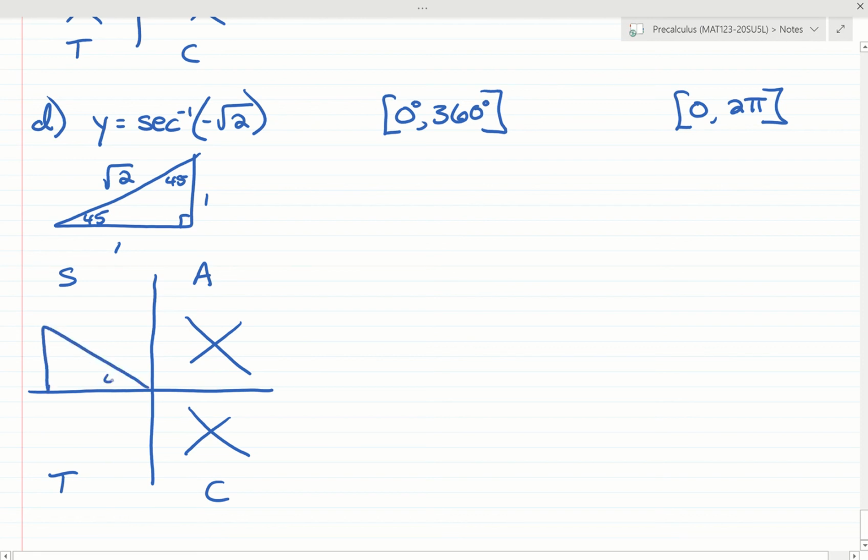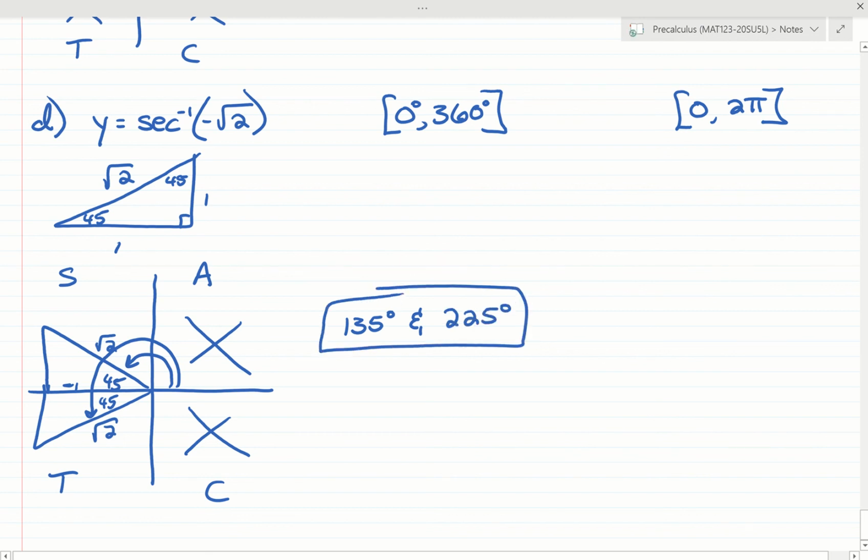If we put 45 degrees right here and right here, because that x value is negative, the secant of 135 would give us a negative root 2, and the secant of 225 would give us a negative root 2. In radians, 135 is 3 pi over 4, and 225 is 5 pi over 4.